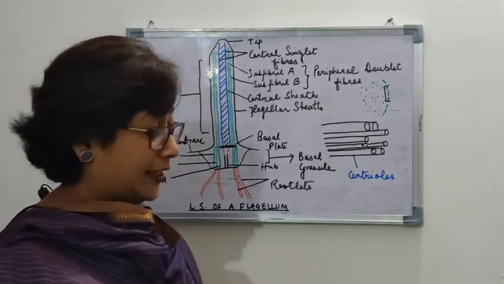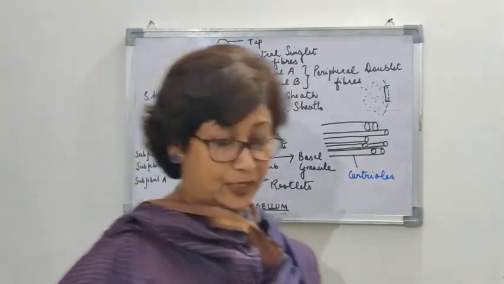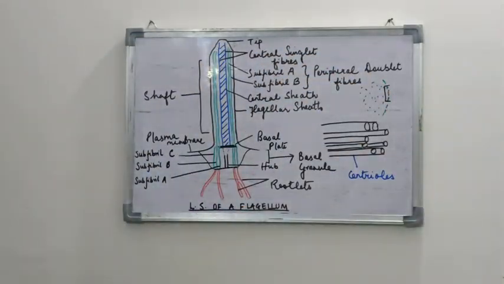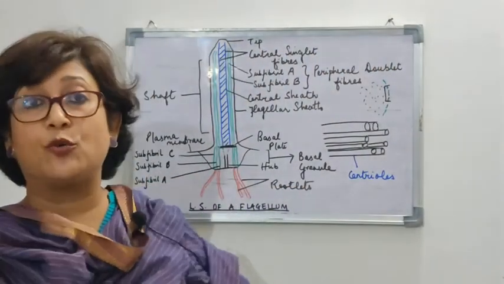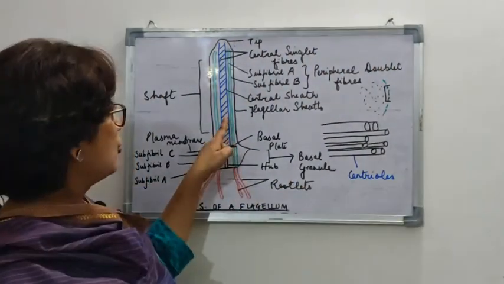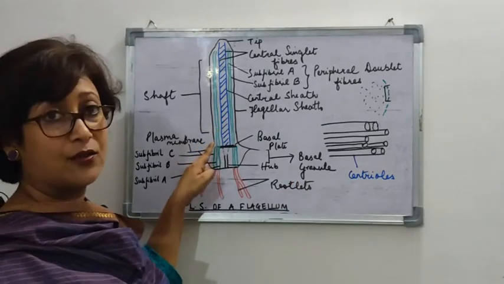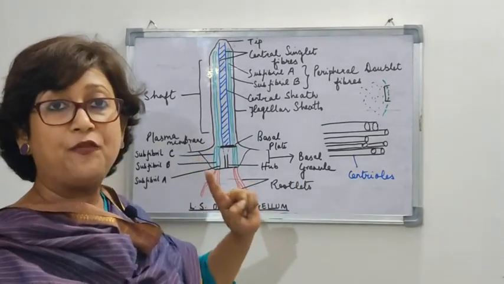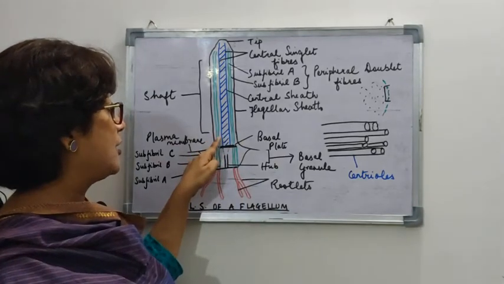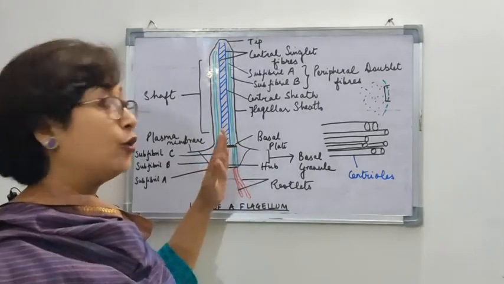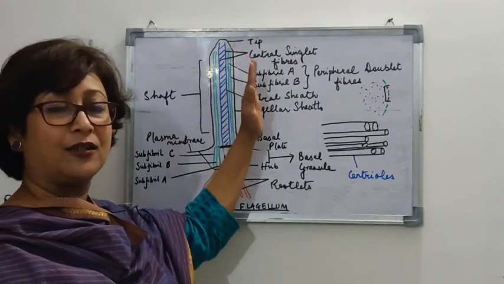So 9 peripheral doublet fibrils. Periphery is towards the side. If you look at these 2 green fibrils, they are 2 fibrils towards the side.